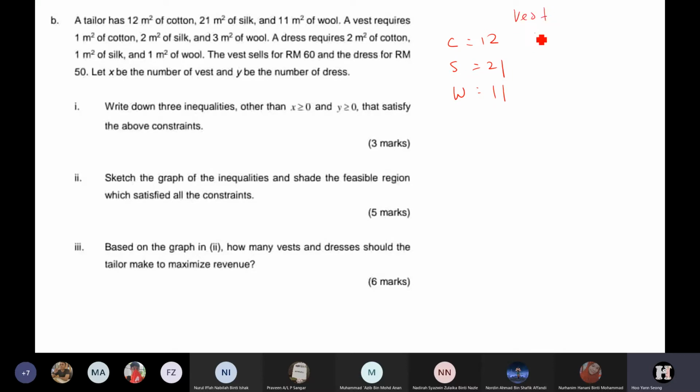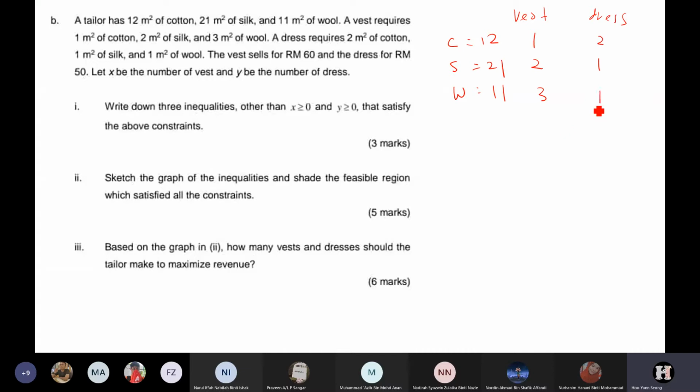A vest requires cotton 1, silk 2, and wool 3. Then a dress requires cotton 2, silk 1, and wool 1.